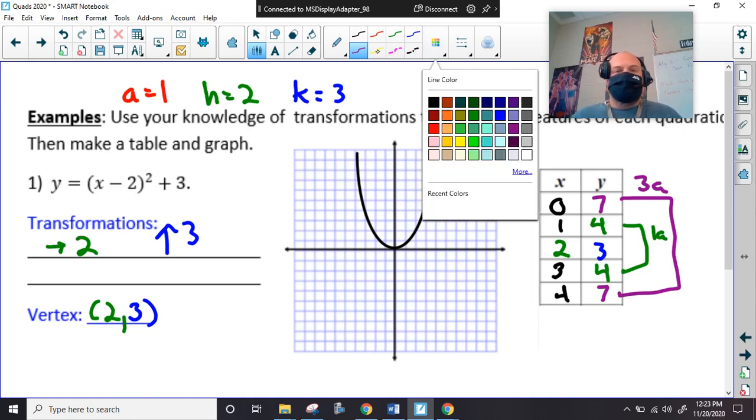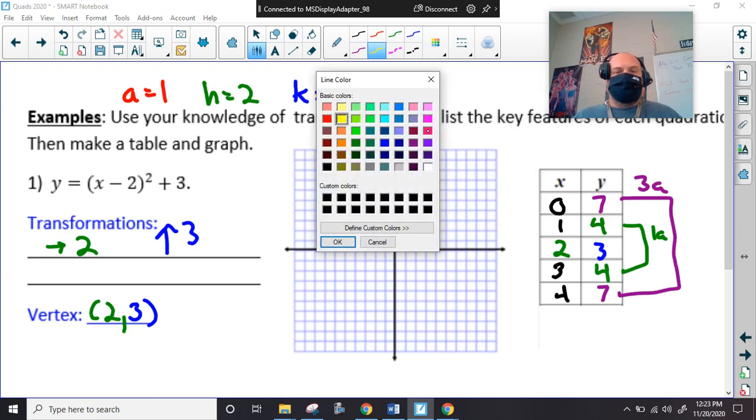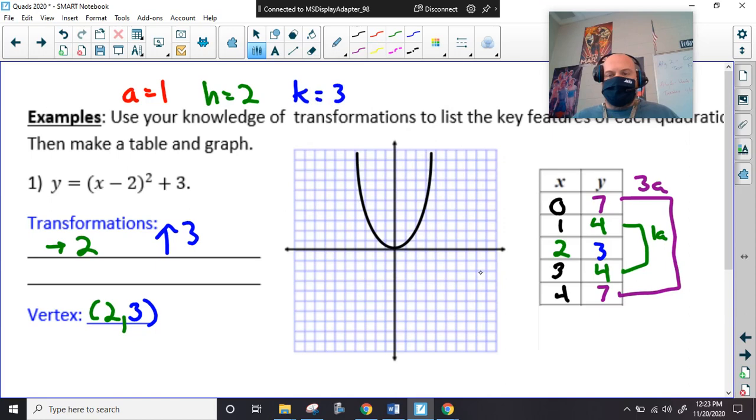Now, get this hot pink going on. All right, so I go over to 2, up to 3, 1, 2, and 3. There's my vertex. So you should already can see how it is shifted to the right and then up.